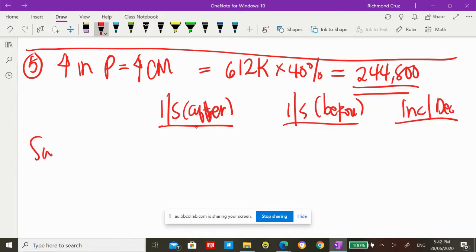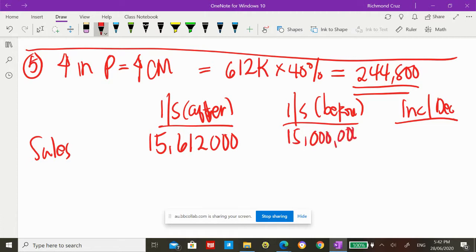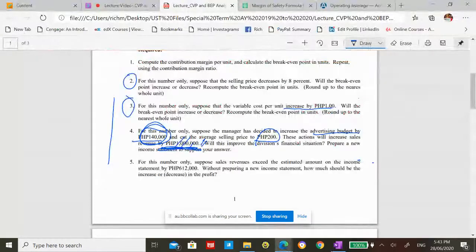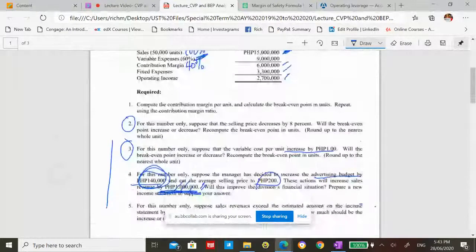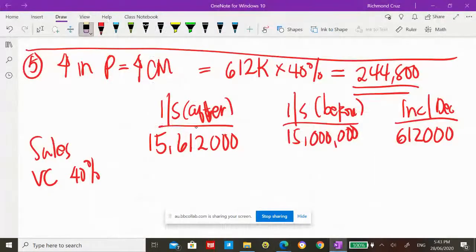We have sales, which will be 15,612,000 versus 15 million, so our increase is 612,000. Then, we have variable cost, which is 60%. So, this is 60%.